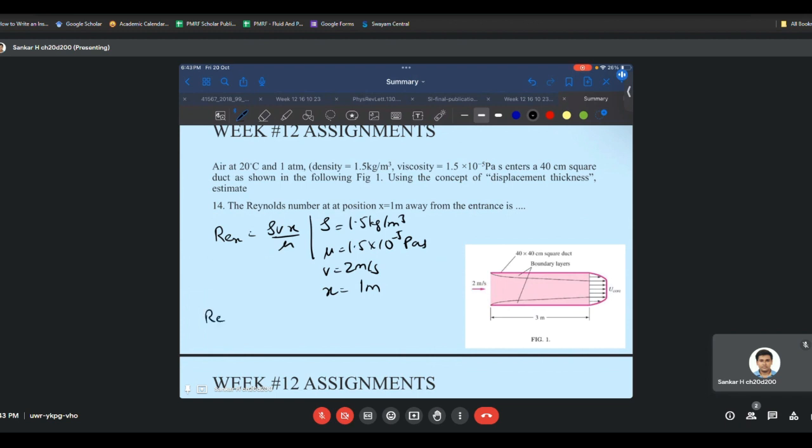Therefore the Reynolds number is equal to 1.5 into 2 into 1 by 1.5 into 10 raised to minus 5, which should give the value 200,000.